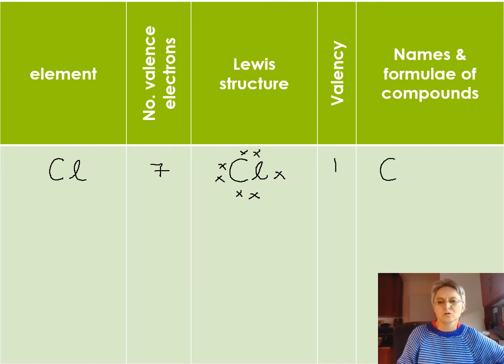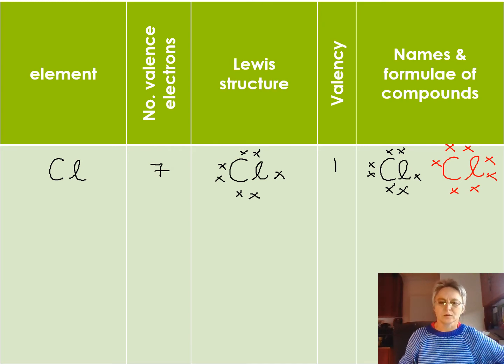So if this chlorine atom comes together with another chlorine atom, the second chlorine atom will also have an electron that is by itself that it would like to share with the first chlorine. So we can redraw this to show the sharing of the electrons taking place there.